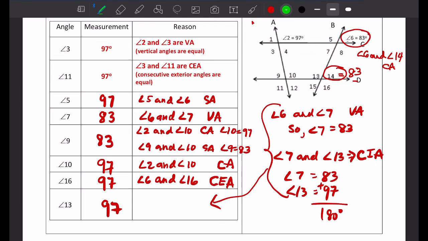And angle 14 and angle 13 are supplementary angles, okay? They are both on a straight line. So these are supplementary angles, and they total 180. So if this is 83, that means angle 13 is 97 because 97 plus 83 is 180. So we still end up with 97. And we have two reasonings there, okay?